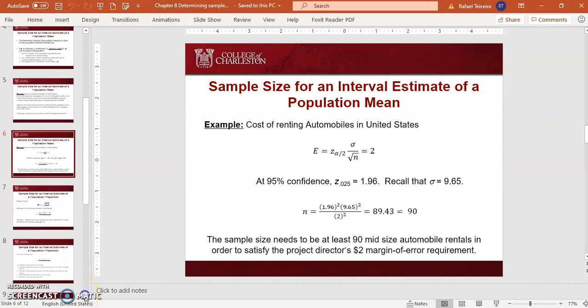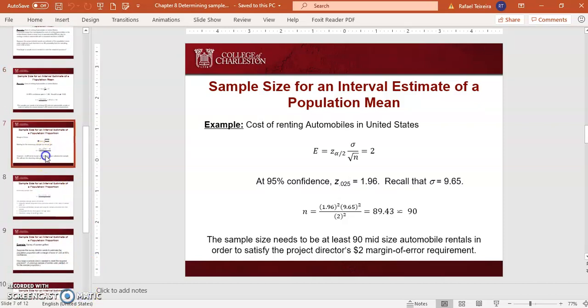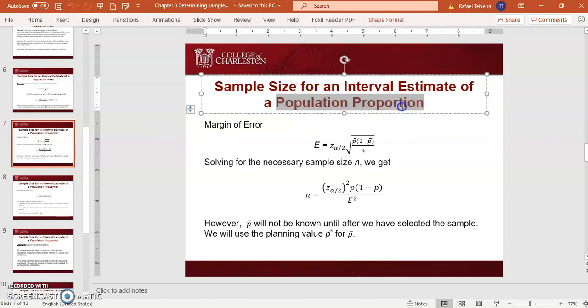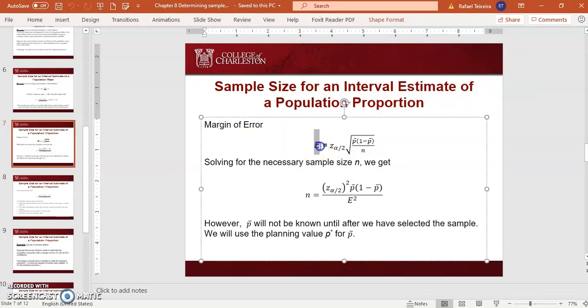Now we can move to determining the sample size for a population proportion. Again, we have the margin of error denoted by the letter E. And remember from our videos on chapter 8, the margin of error for a population proportion is the z-score times the standard deviation of the population proportion.